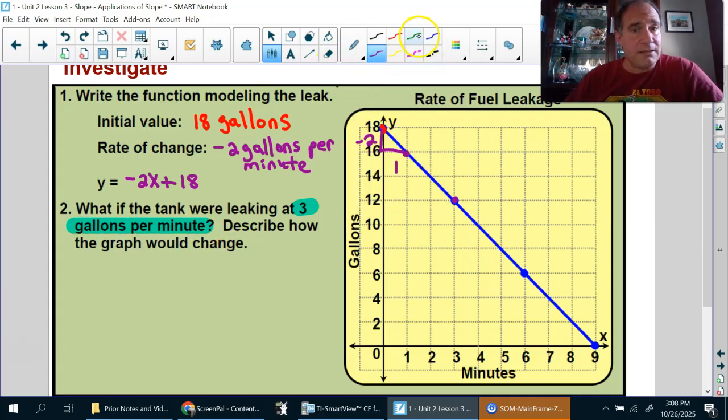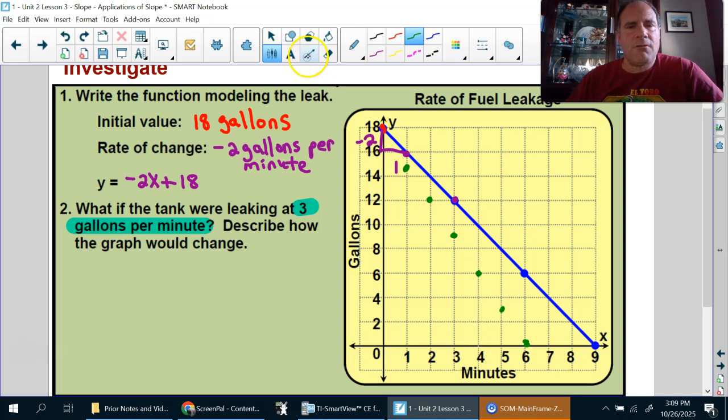I'm going to go ahead and graph it. So 3 gallons per minute would be down here from 15 to right here. 3 gallons a minute from 15 would be 12, or a decrease of 3, and a run of 1. Down 3, run 1.